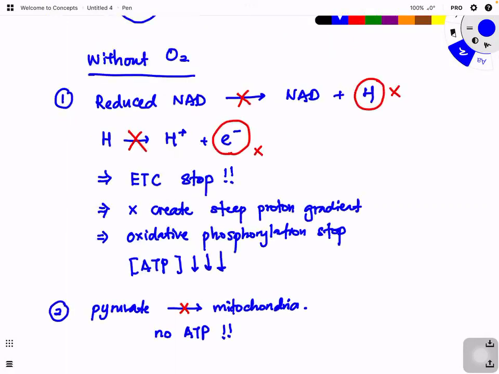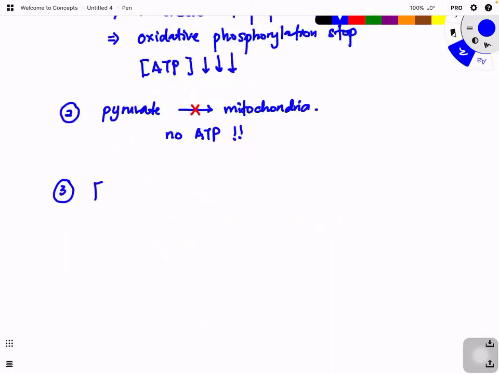Without O2, the ETC stops, no ATP, so reduced NAD will accumulate. Correct or not? Because we cannot regenerate the NAD, the concentration of NAD is now low until there is no NAD. Are you clear?